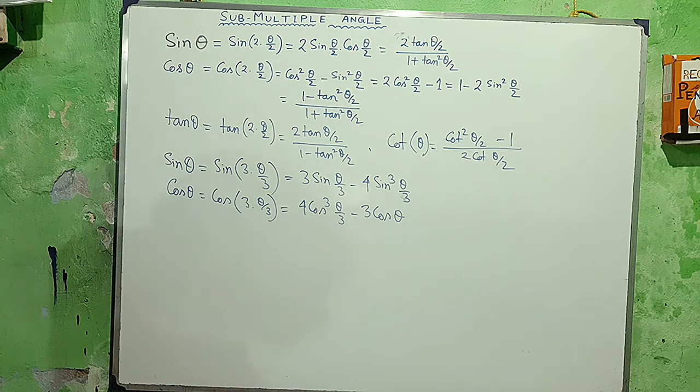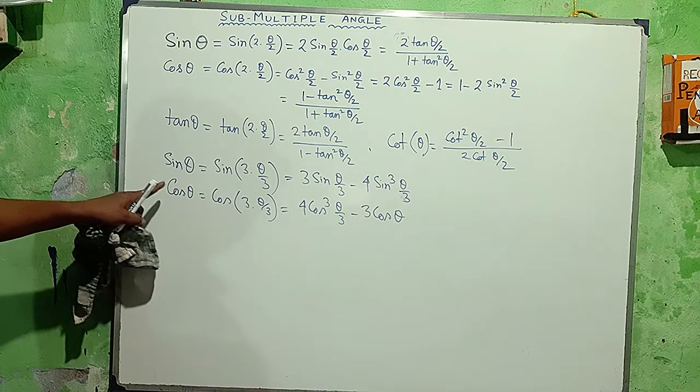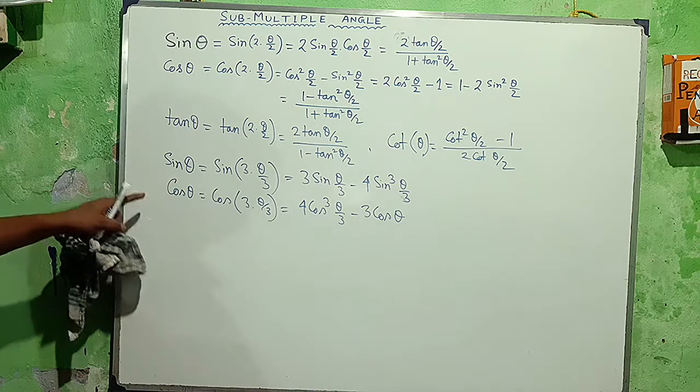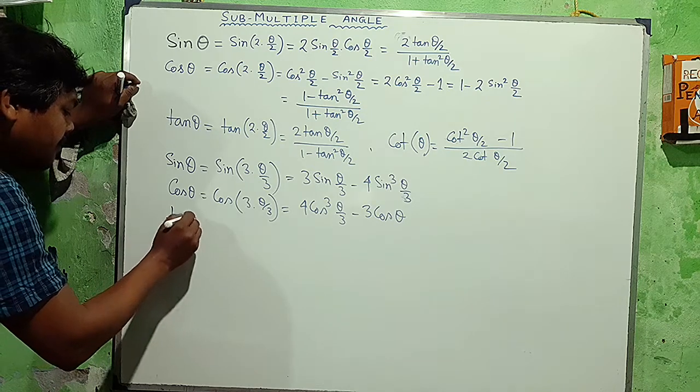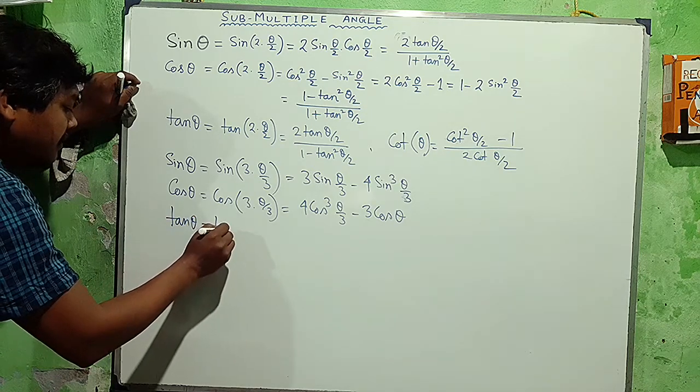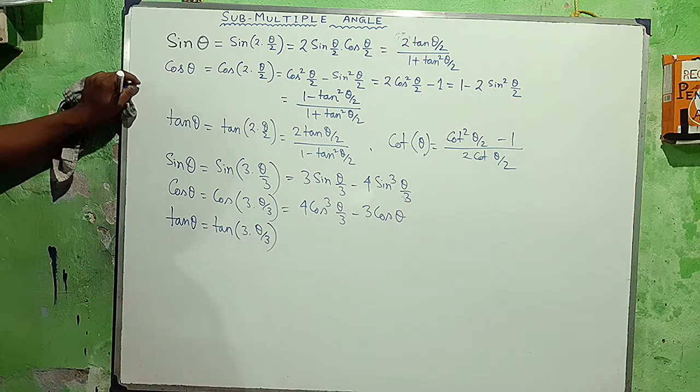So sin theta in terms of theta by 3 we can express, and similarly cos theta. And similarly, you can say tan theta in terms of theta by 3, tan 3 into theta by 3. Okay?